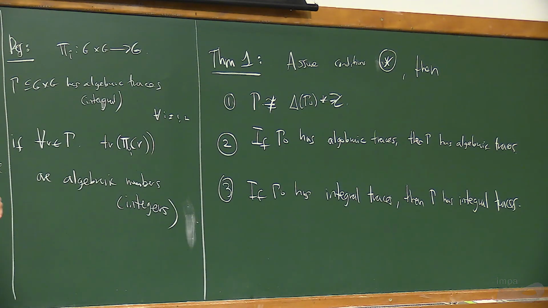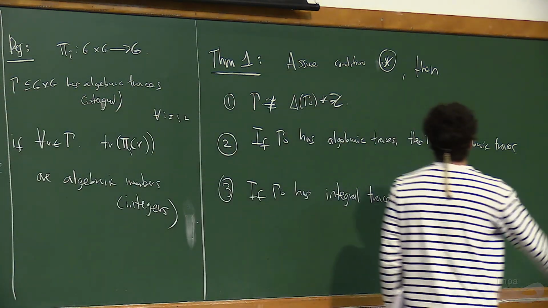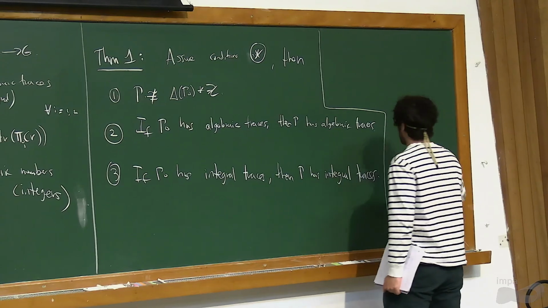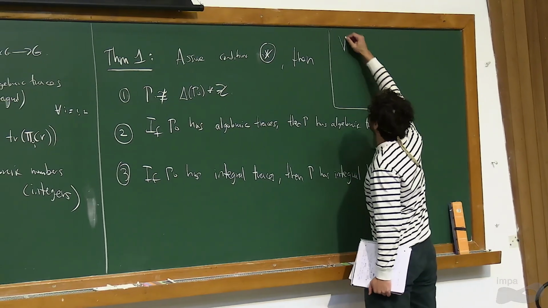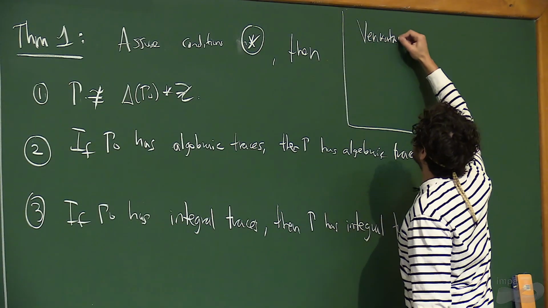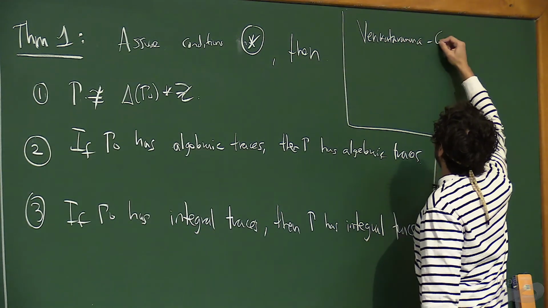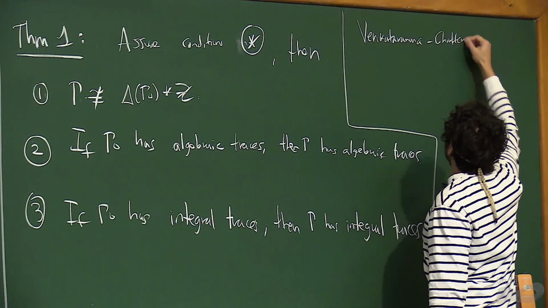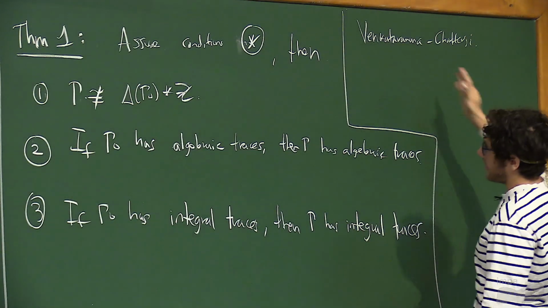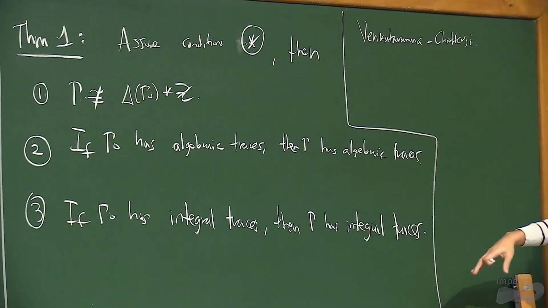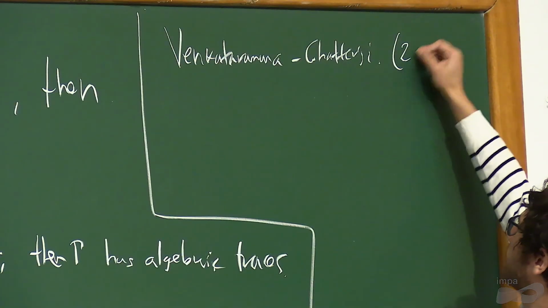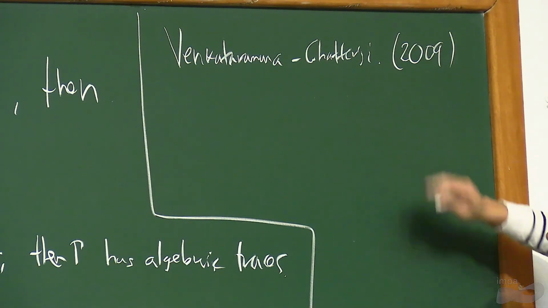But later we found out that there's this important work of Venkataramana and Chatterjee, and the ideas there give a much nicer proof of our result. It's also an unpublished paper of 2009.